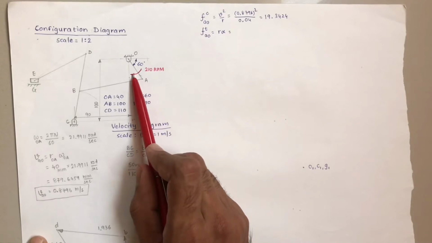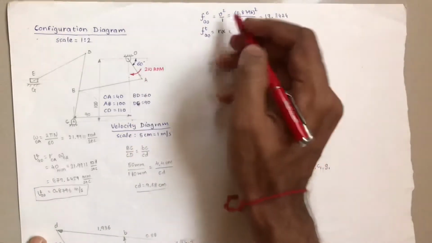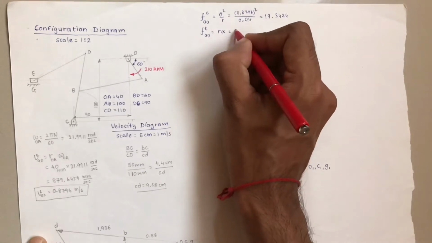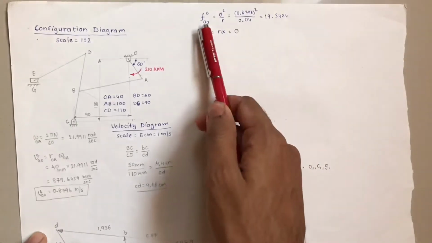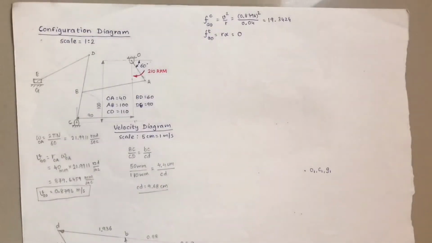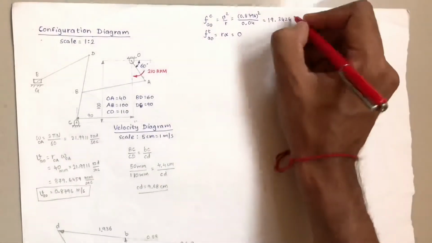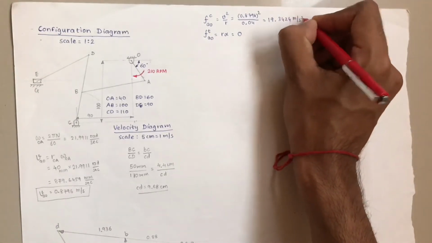That means we are assuming constant angular velocity, so angular acceleration is 0. As alpha is 0, r alpha equals 0 for the first link only. So now we have simply the centripetal component, 19.3424 meter per second square.